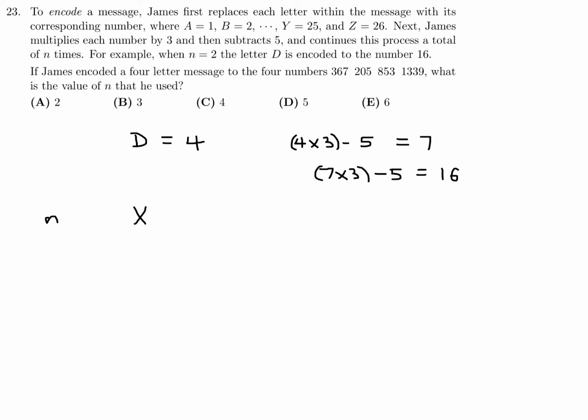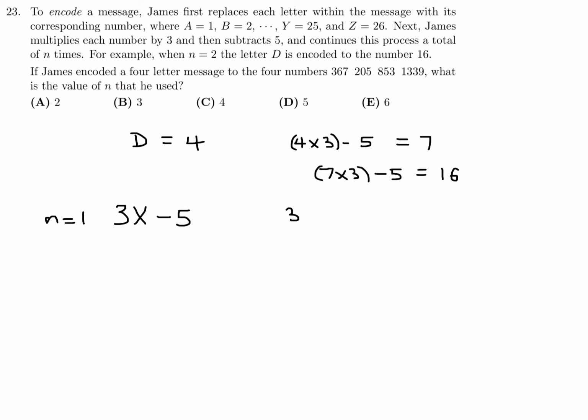Okay, when n is 1, that means you only go through this process one time. So you take that number, you multiply by 3, and you subtract 5. Now, I want to see if n could be 1. Well, n equals 1 is not even one of the answer choices, but just for the sake of completeness, can I get a 367?